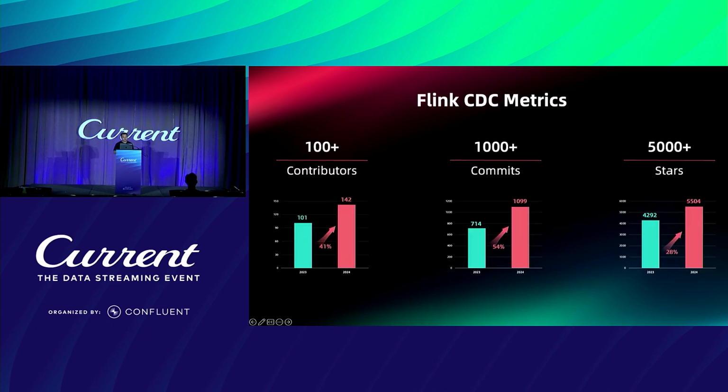And now we have more than 100 contributors, more than 1,000 commits, and more than 5,000 GitHub stars. Compared with the metrics of 2023, the community is becoming more and more active. And you are also welcome to join the Flink CDC project and the Flink community.